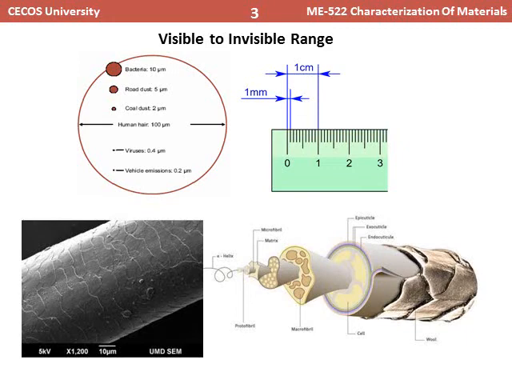Actually, the outer skin of hair is just like scales. If you see the fish skin, it has scales on it, so the outer skin of hair is very similar to the skin of fish. It has scales on it for protection purposes.